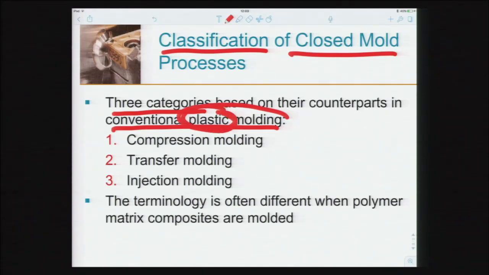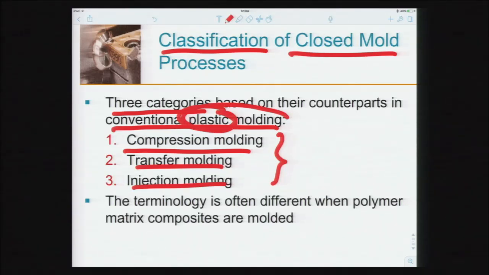What does that mean? It means that you can use these three processes to form plastic material rather than composite material. When you study plastic processing, you also see these three processes: compression molding, transfer molding, and injection molding.